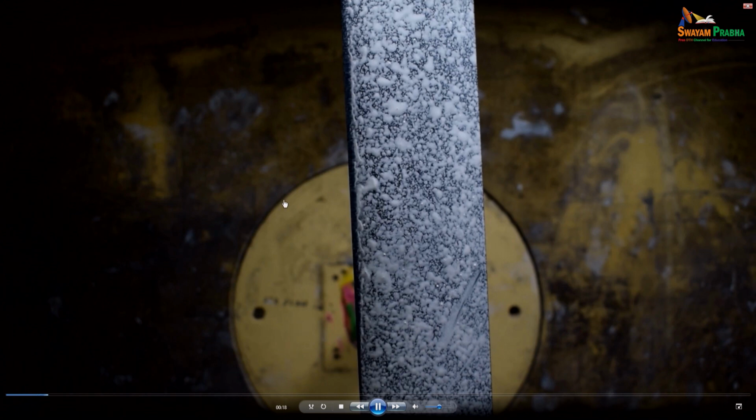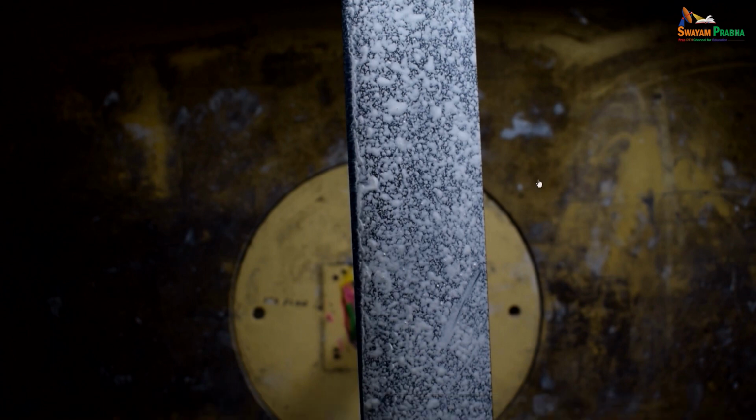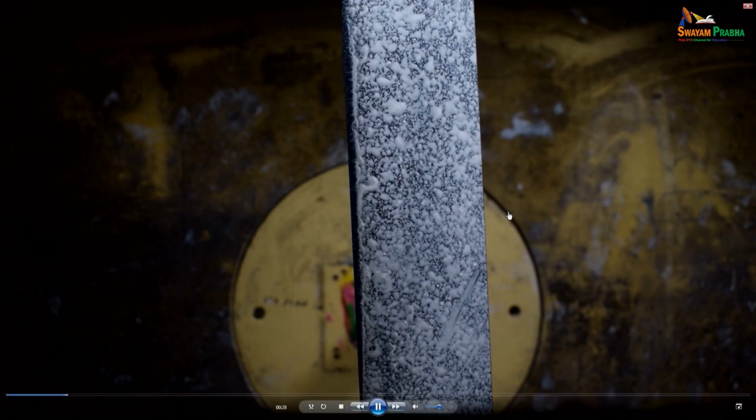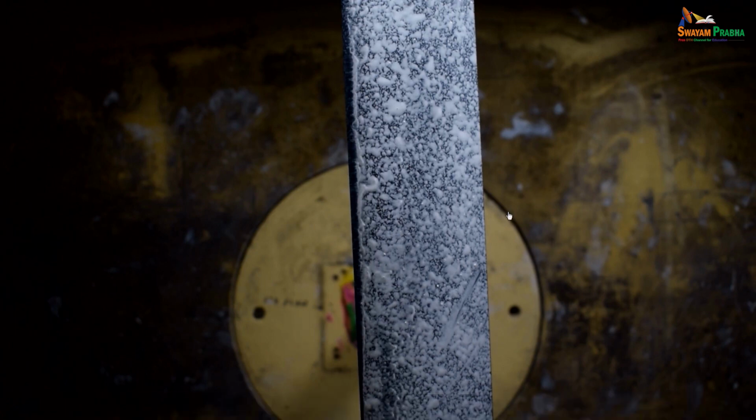If you see from the left to the right, you see how the flow develops, right? Initially we just had the spray, and now the flow is developing. Let's be a little patient and watch this. See what's going on with the flow.